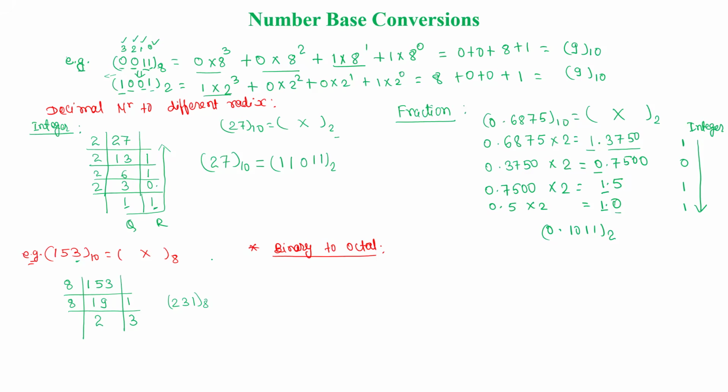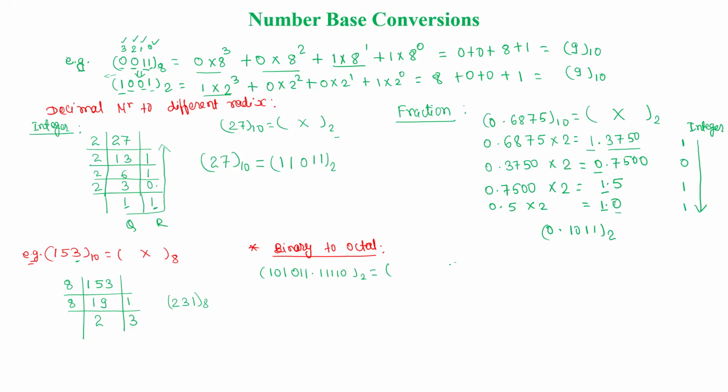Some numbers we are going to take as an example. Suppose some binary number is given: 101, 011, then the radix point, then 111 and 10. This binary number we have to convert into an octal number.